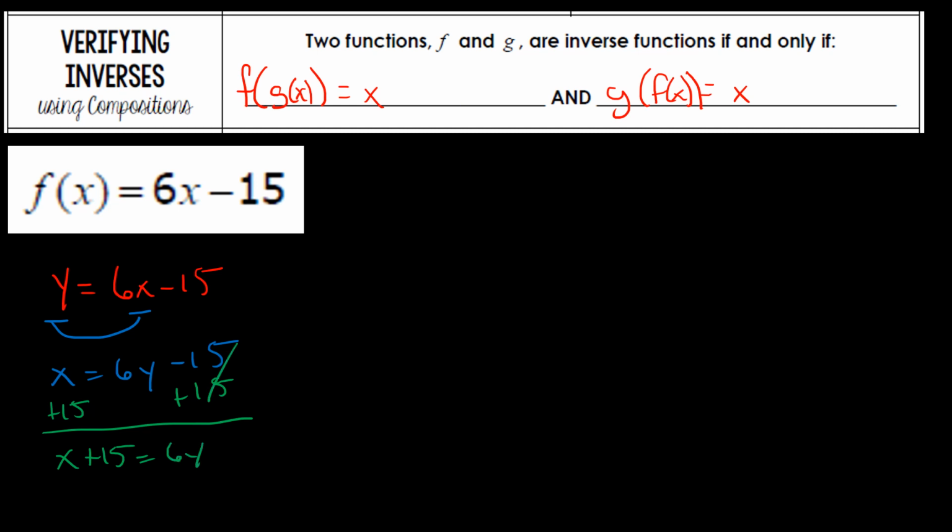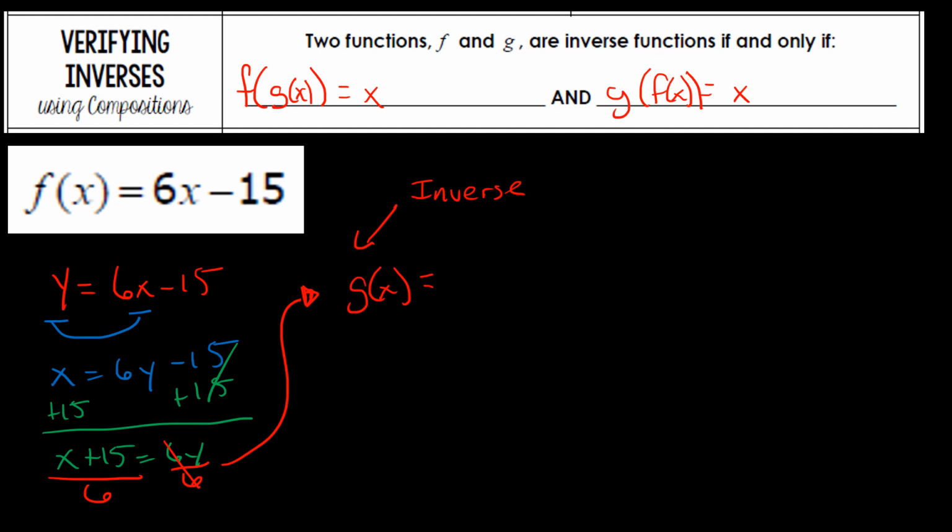And then I want to isolate y, so I'm going to divide both sides by 6. And let's kind of clean this up a little bit. Instead of saying y, I'm going to say g of x being the inverse. I'll put a little arrow here. This is my inverse. And we'll say this is x plus 15 over 6.